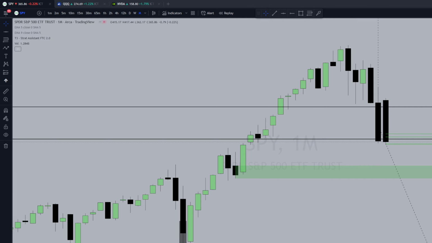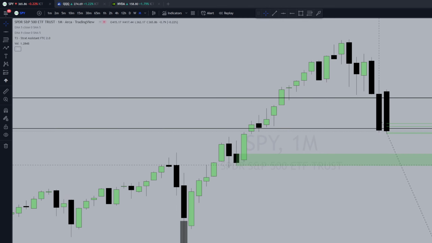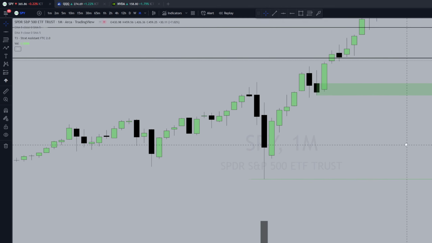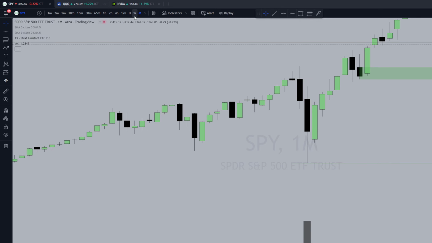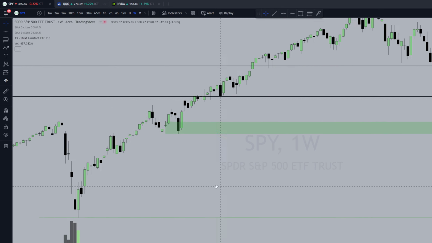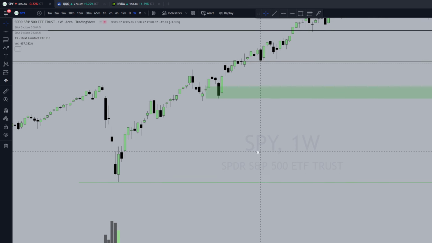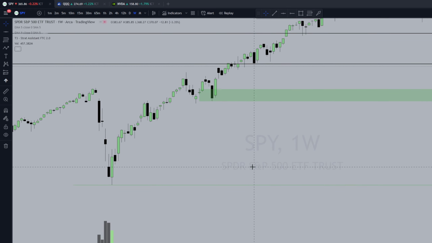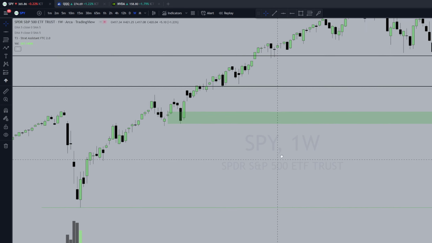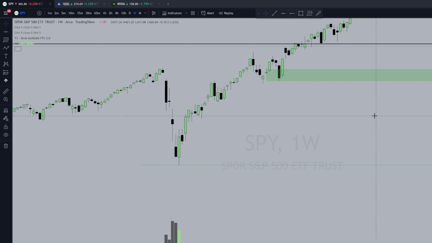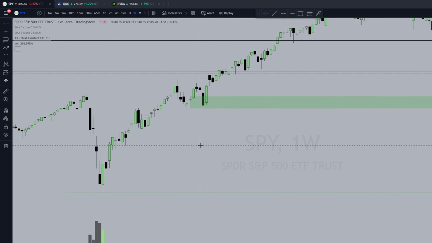And then once we break below 320, we really don't have a true demand on a monthly. But if you go down to a weekly, our next demand is down at 240. So this has so much room lower, and the ideal target here would be COVID lows. That's my target, 218 for this big drawdown.